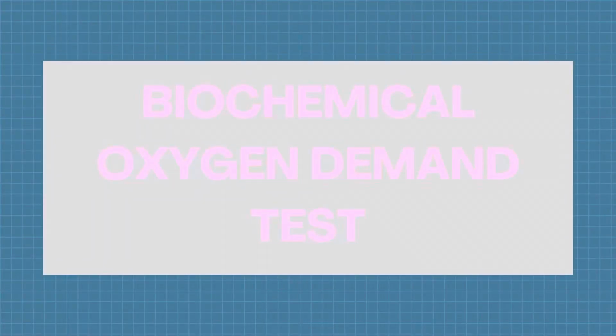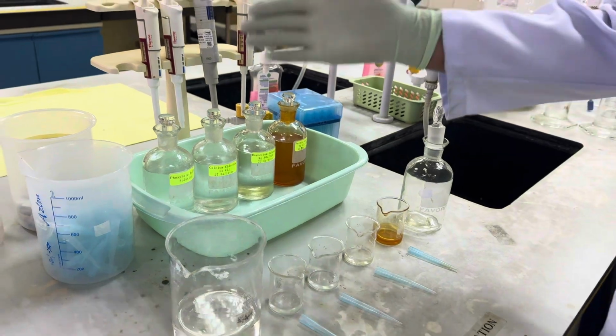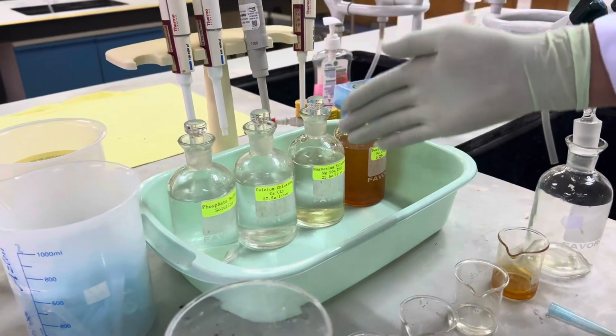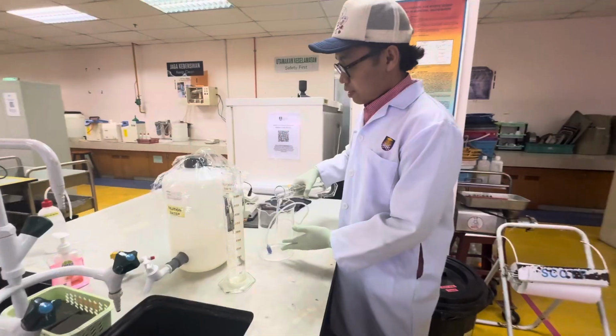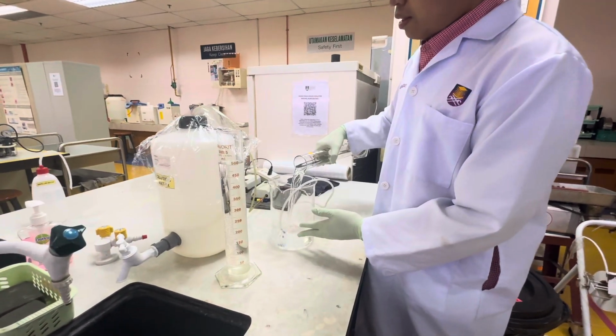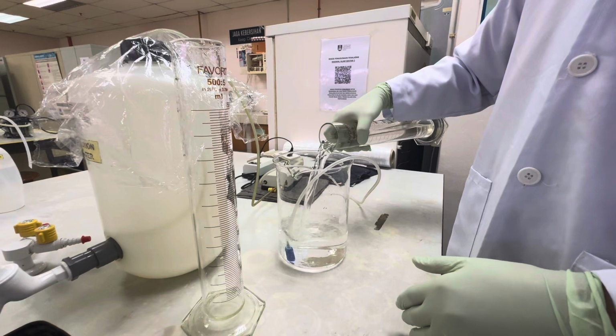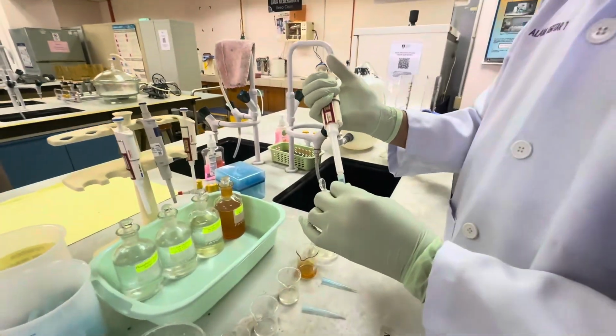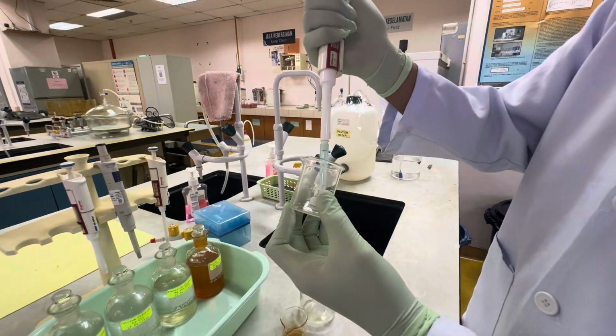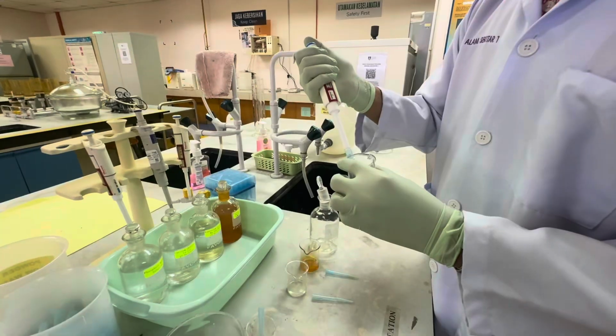Next is BOD test. First, you have to prepare the dilution water by adding 1 liter of distilled water into the dilution water container, and then followed by adding 1 milliliter each of chemical reagents, which are phosphate buffer solution, calcium chloride solution, magnesium sulfate solution, and ferric solution.